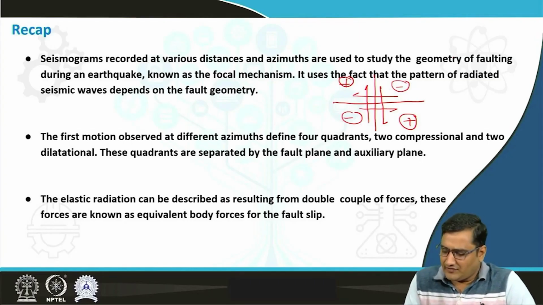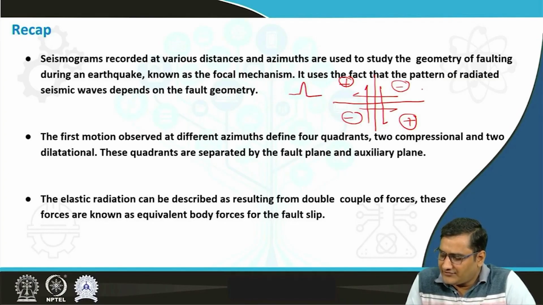In case of compression, the first motion will be in the upward direction like this. In case of dilatation, the first motion will have negative polarity. So positive polarity represents compression, and negative polarity represents dilatation.